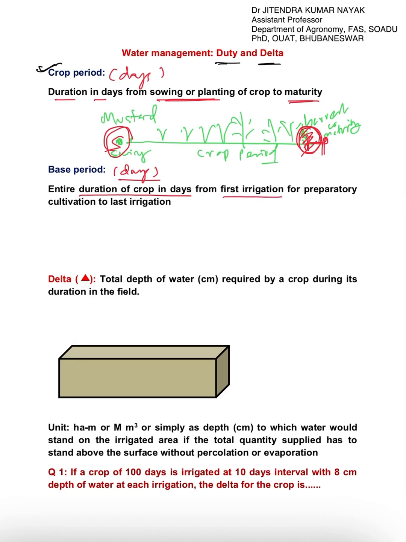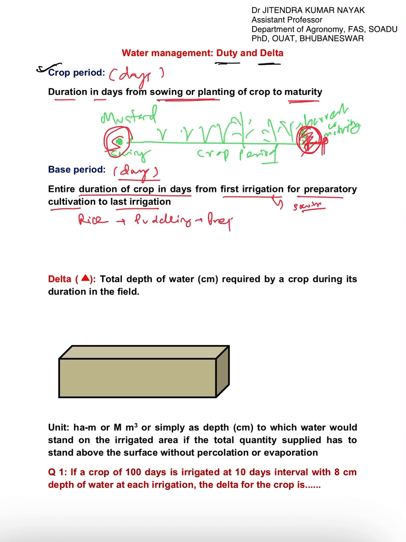It is the duration from the first irrigation for preparatory cultivation to the last irrigation, or we can say from the first irrigation, if it is used for sowing purpose, to the last irrigation. In some crops, like rice, we go for puddling operation.